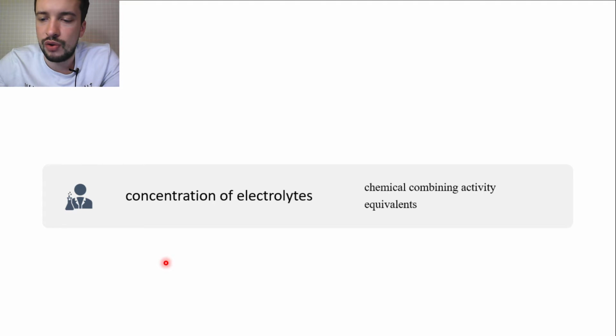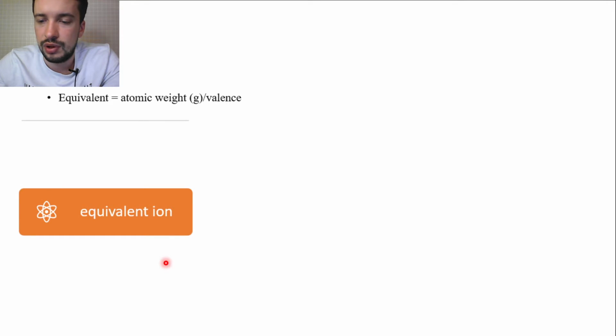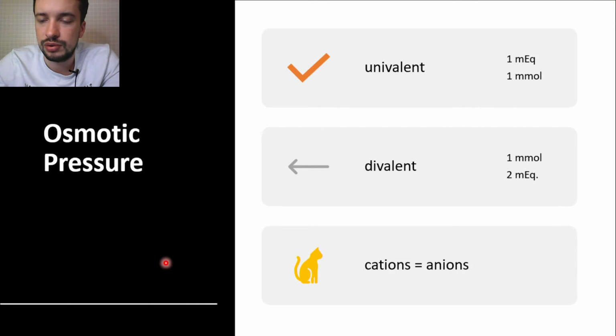The concentration of electrolytes usually is expressed in terms of the chemical combining activity or equivalence. An equivalent of an ion is its atomic weight expressed in grams divided by the valence.